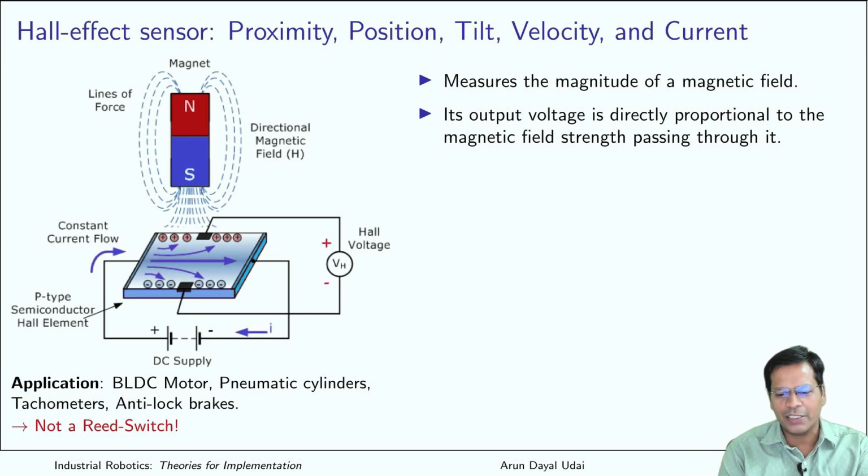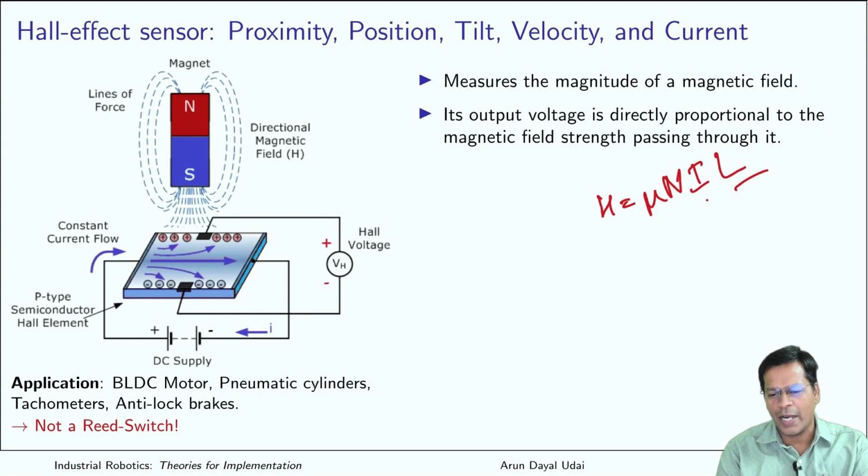You also know the magnetic field strength for a solenoid is B equals mu 0, N, I over L. Everything else is constant, so the field is proportional to current.